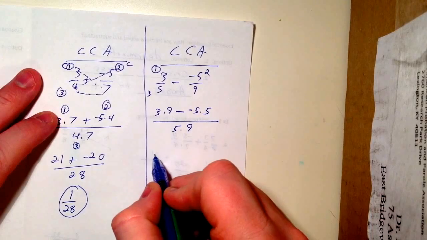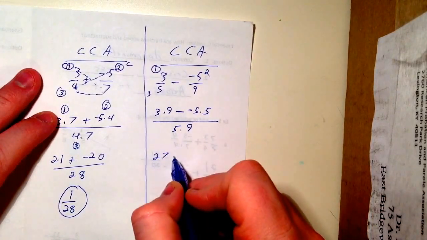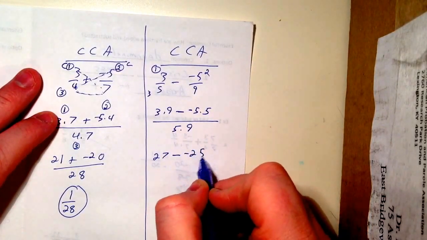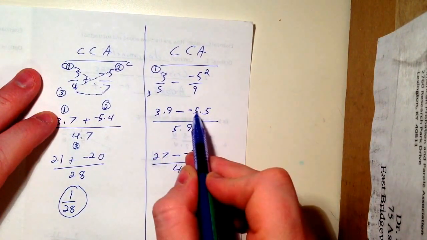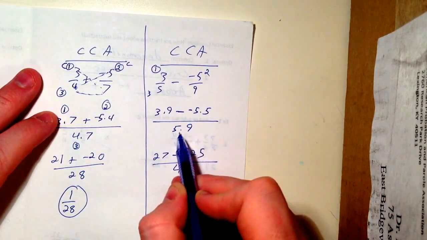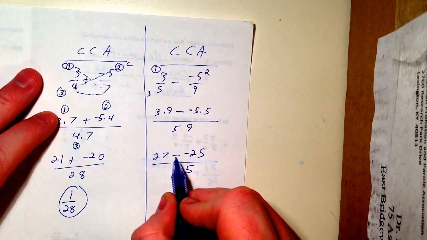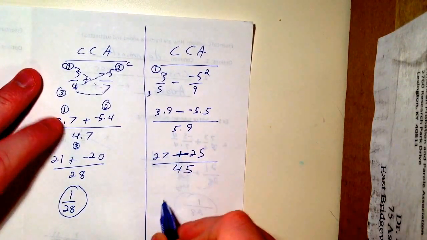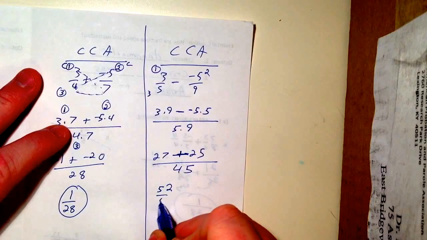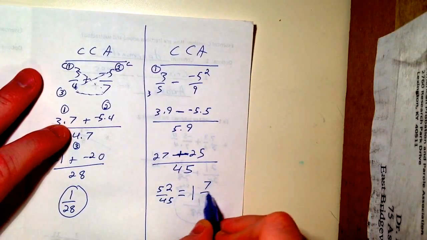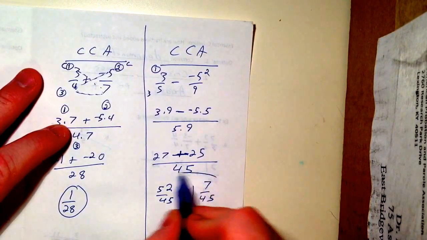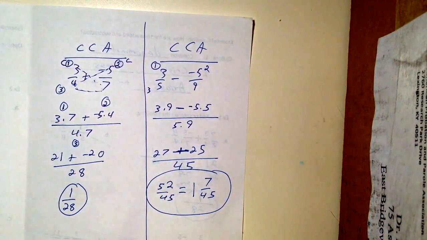So I get 27 minus negative 25 all over 45. 3 times 9 is 27. 5 times 5 is negative 25. 5 times 9 is 45. The two negatives become plus, and I get 52 over 45 again, which again is the same thing as 1 and 7/45. So there's crisscross across.